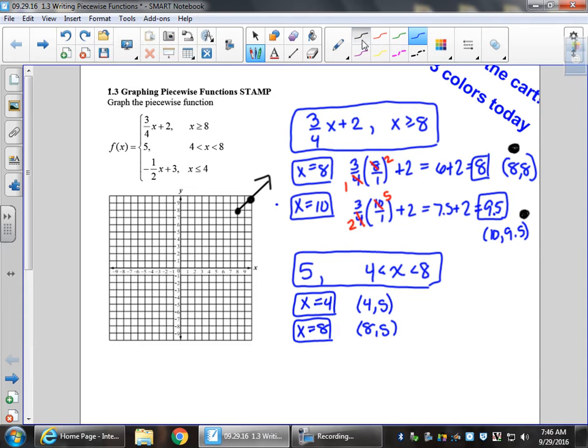Open circle or closed circle for the first point? Open. How about this one? Also open. We know that because of the inequality signs. Both of these are strictly less than. 4, 5 is open. 8, 5 is open.